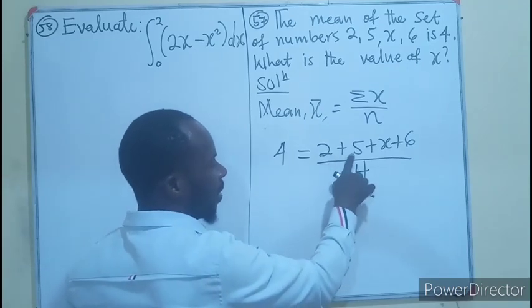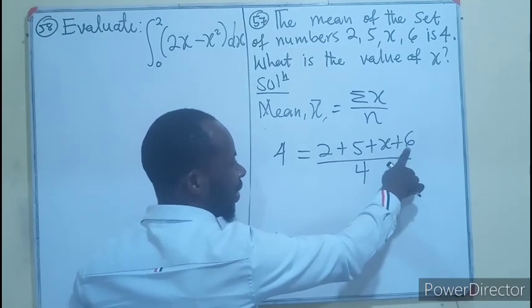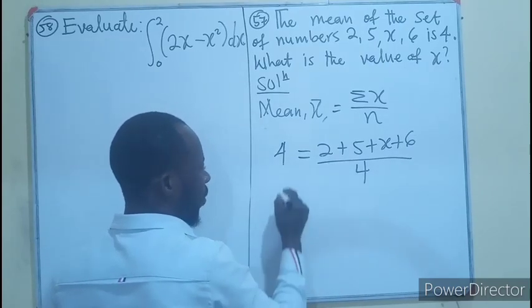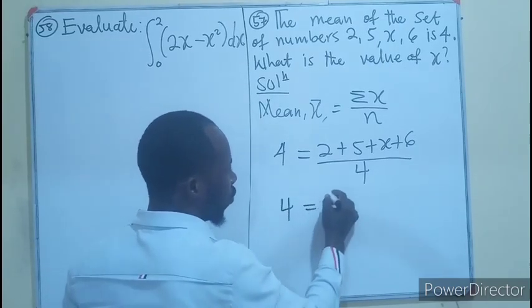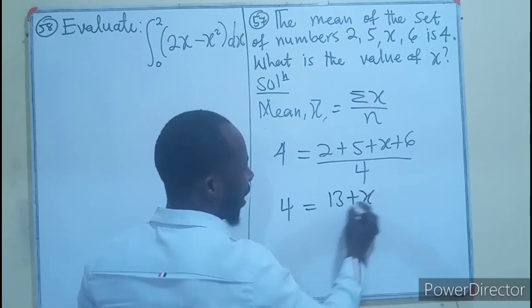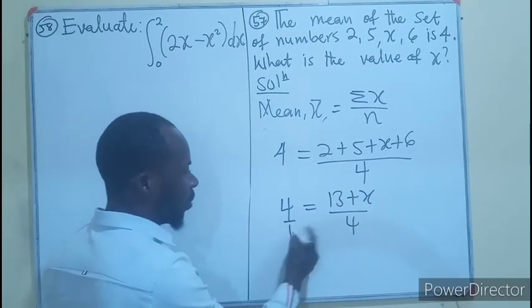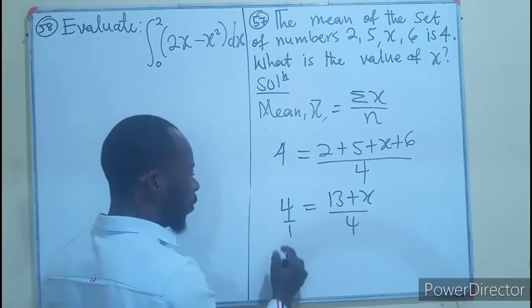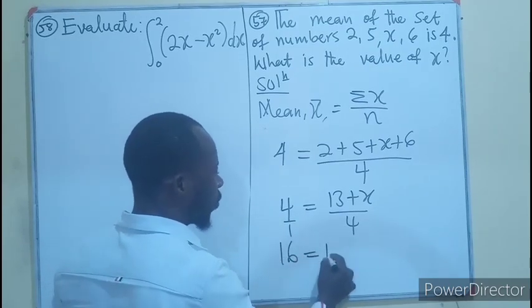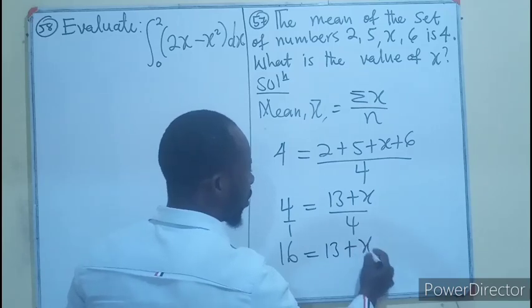2 plus 5 is 7, plus 6 will be 13. So we have 4 equals 13 plus x over 4. I believe we can cross multiply here to have 4 times 4, which is 16, equals 13 plus x.